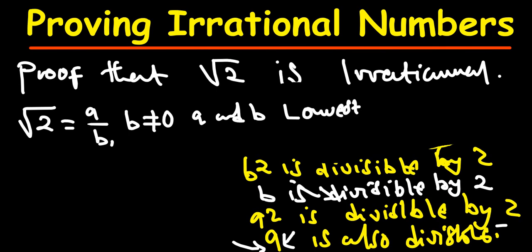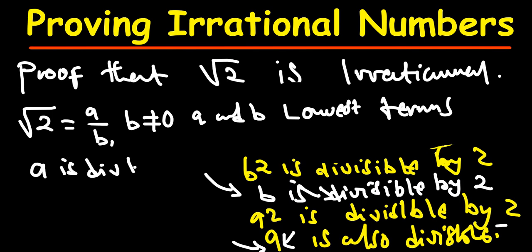So meaning they had no common factor. But from what we are finding after proving this, a is divisible by 2, and also b is divisible by 2.